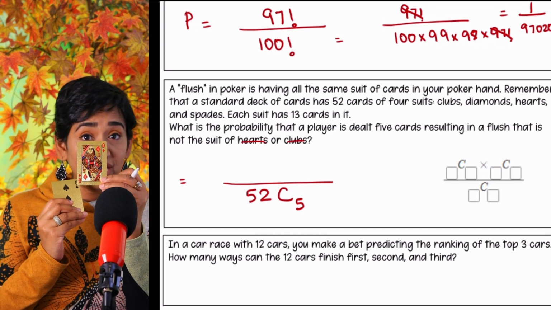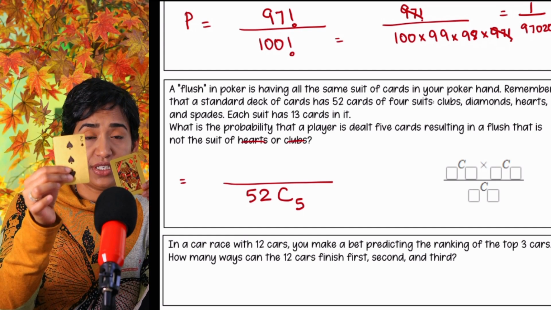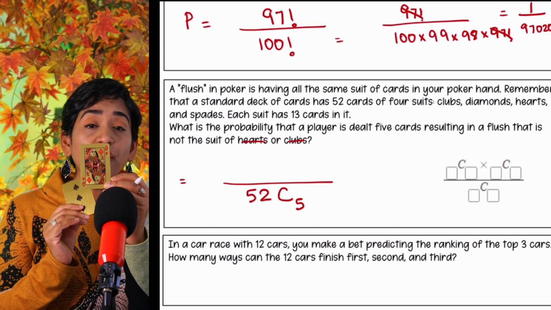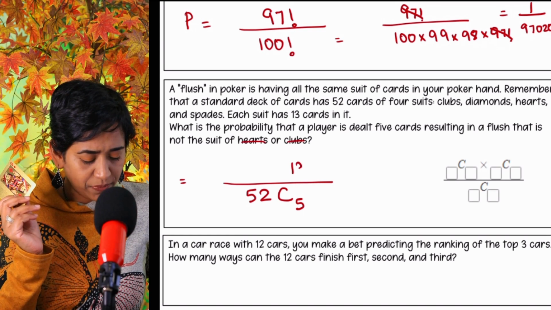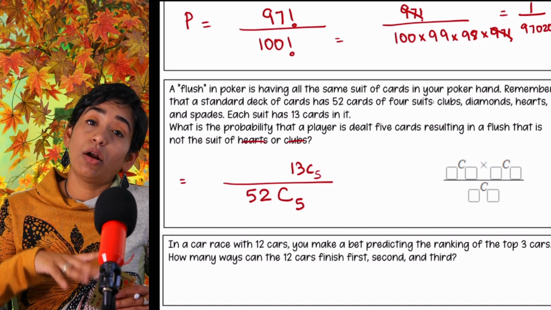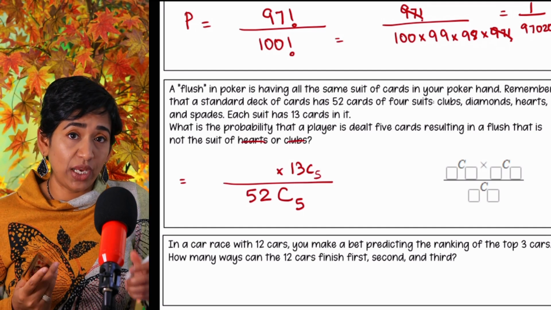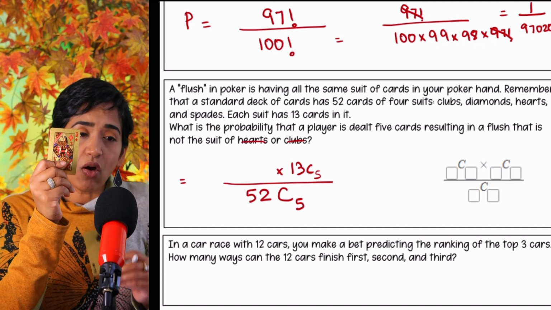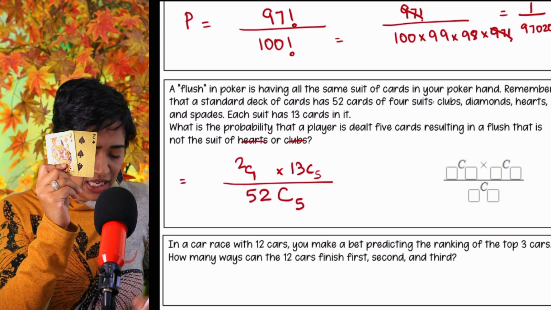I can have 5 of these, or I can have 5 of these. How many spades do I have? 13. How many diamonds do I have? 13. So I can get 5 cards from either diamond or spade, and they have to be of the same suit. But remember, I can either pick this or this. So I have two options, 2C1 right here.